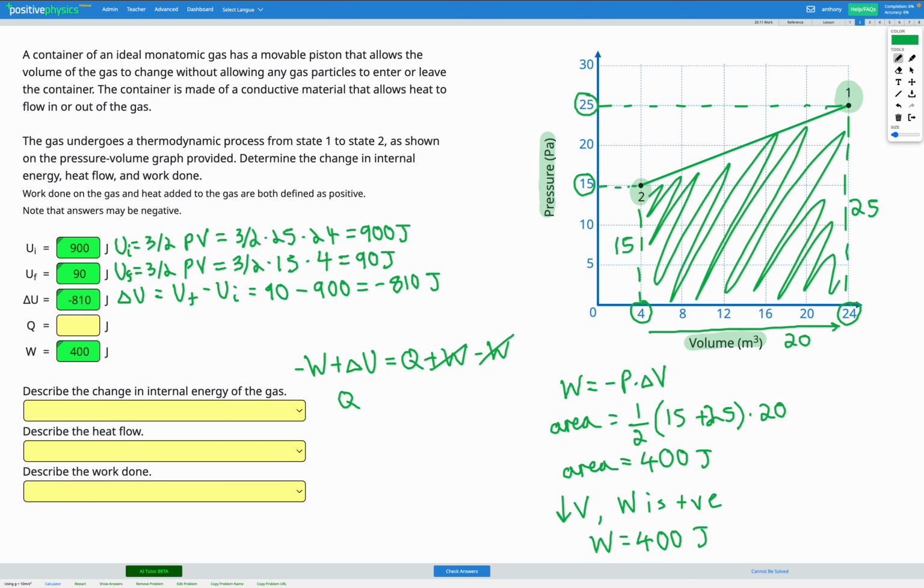That leaves us with Q is equal to delta U minus W. So putting in our numbers, delta U was negative 810, and we're subtracting from that W, which was 400. So that's going to give us a Q of negative 1,210 joules. So we can go ahead and fill that in our answer box here.